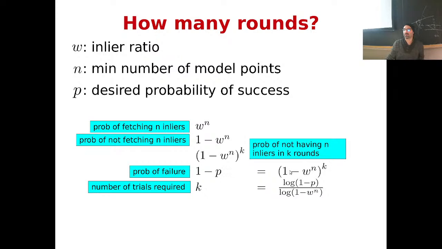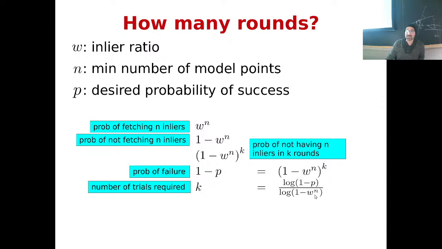And how do you do it? Well, guys, this is simple algebra. You just take the log of both sides and then you isolate k. And so this is the formula that gives us the number of trials required given the probability of success that we want, given the inlier ratio, and given the number of points in the model.